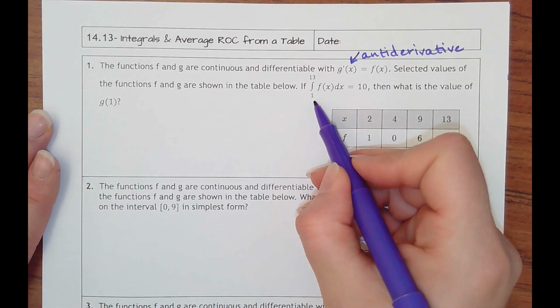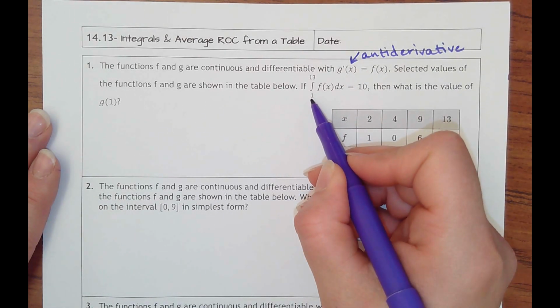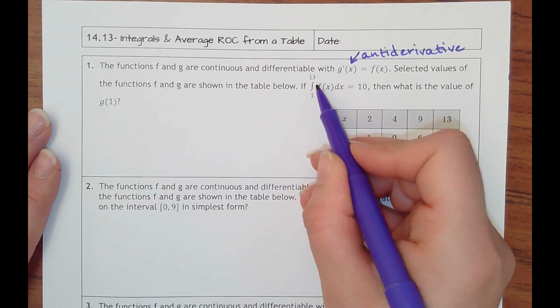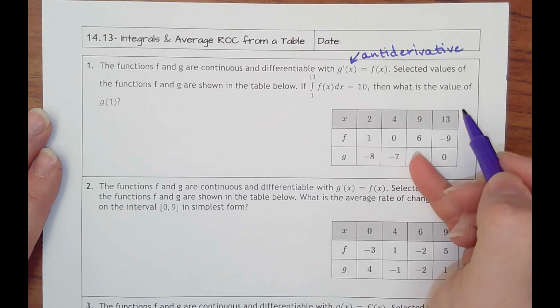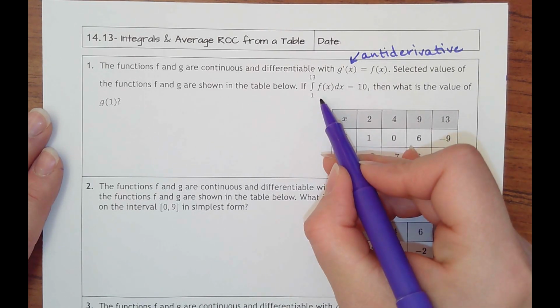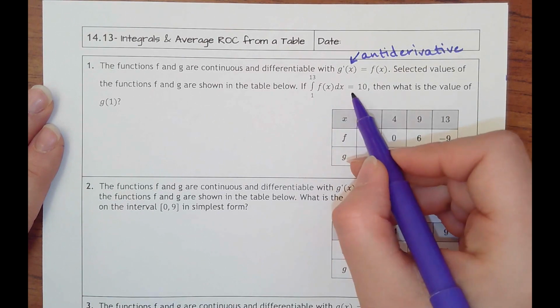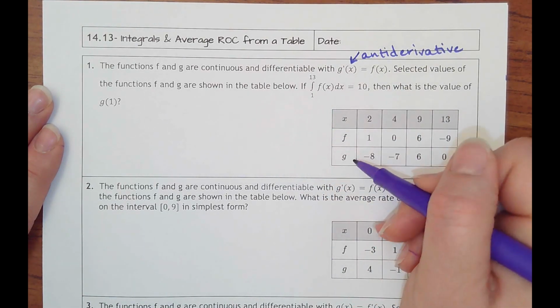They're telling us that the area of the curve of f of x from 1 to 13 is 10. What is the value of g of 1? So I'm going to go ahead and antiderive this and say, well, if I've got f of x and I want to antiderive, that's going to give me g.